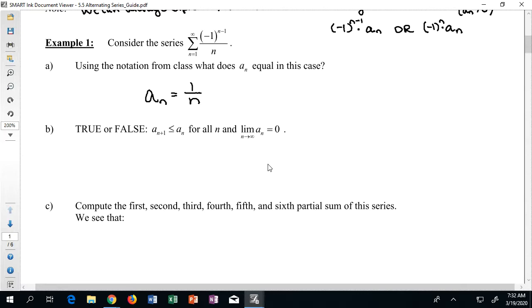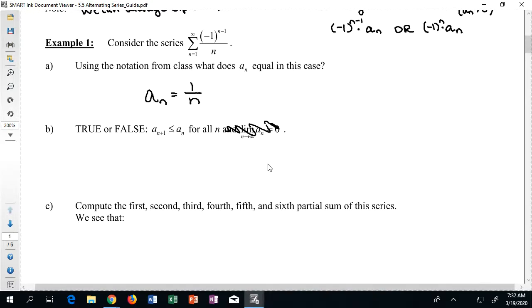So here's my first question, true or false? I'd ask you to think about it. A sub n plus 1, the number in spot n plus 1, is going to be smaller than or the same size as the number in spot n, a sub n, for all n. For the moment, just completely ignore the "and" portion. Just take a look at that and see if you would agree or disagree.